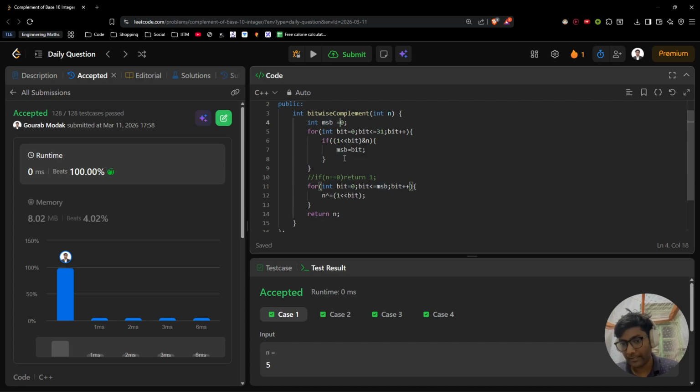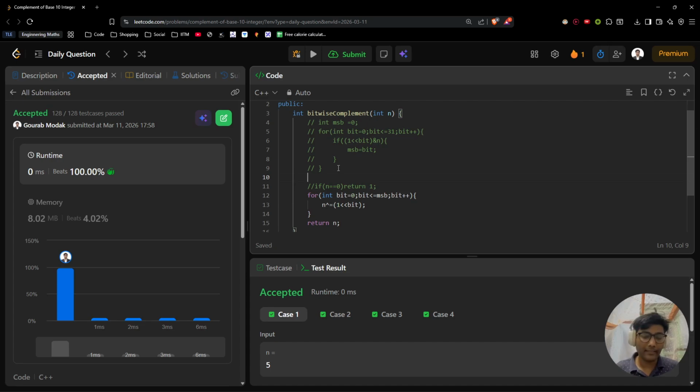There is a short trick to finding this MSB. Let me toggle this. There is a function called count leading zeros. So you can say int MSB equal to, in our case, since we are dealing with integers, 31 minus __builtin_clz.